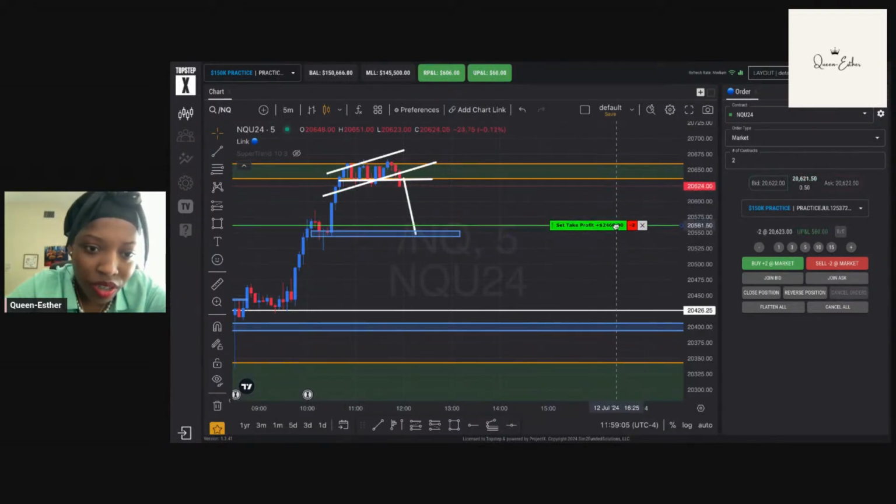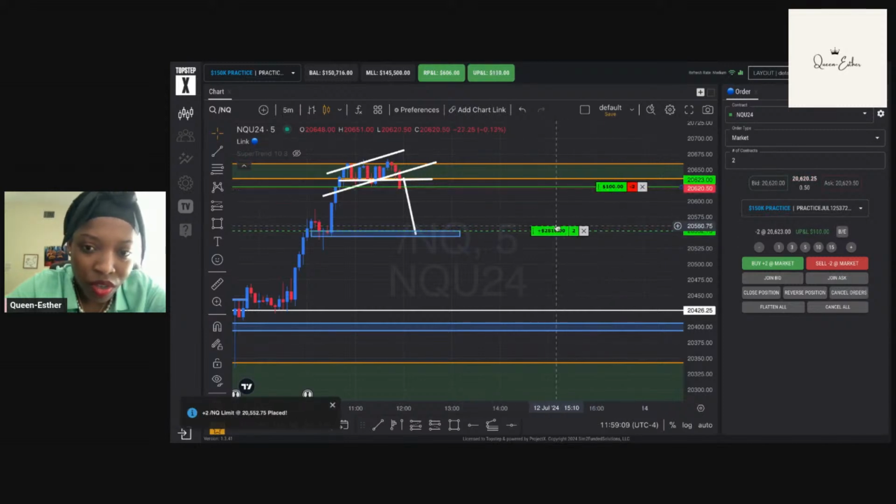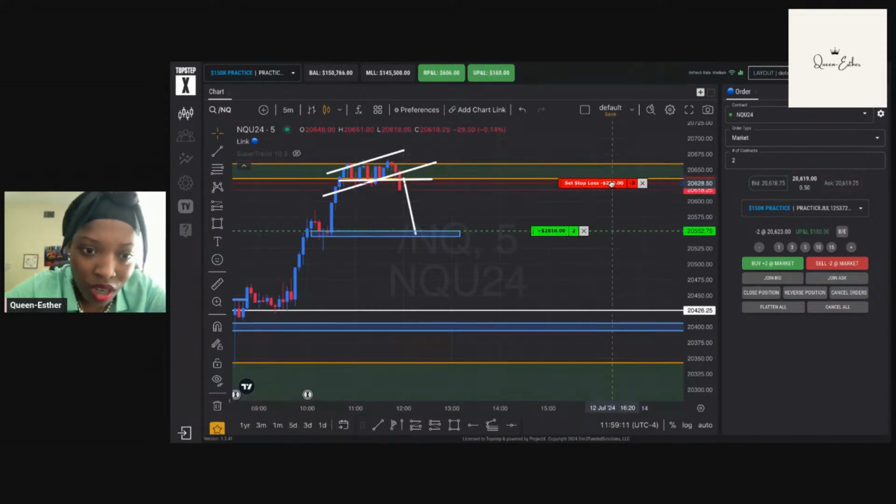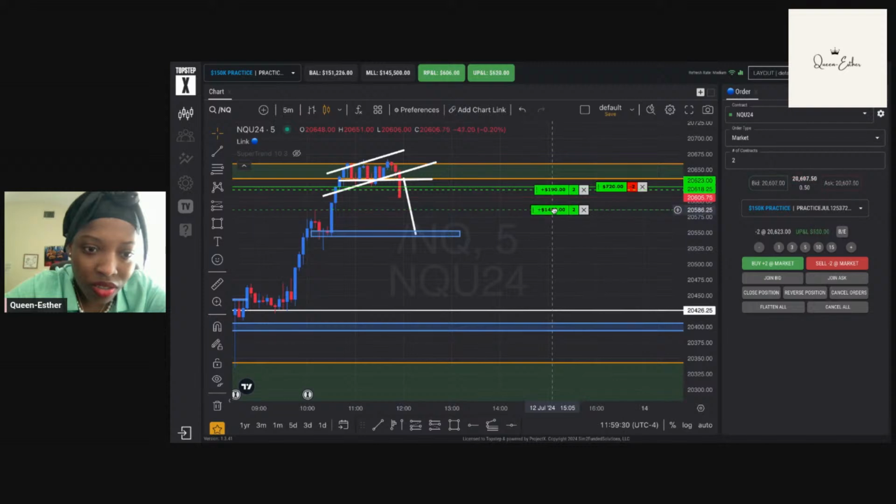And price can come down to this area. All right. So I'm already in profit. I'm going to trail behind it. So if it does reverse, oh, okay. All right. I kind of like this level right here. I'm going to keep trailing.